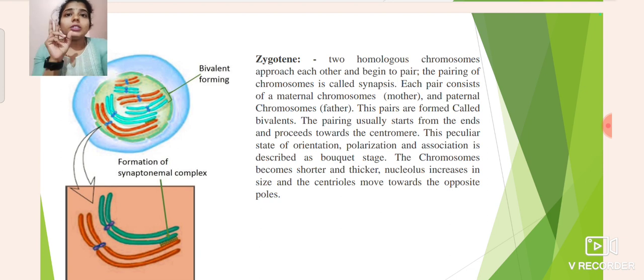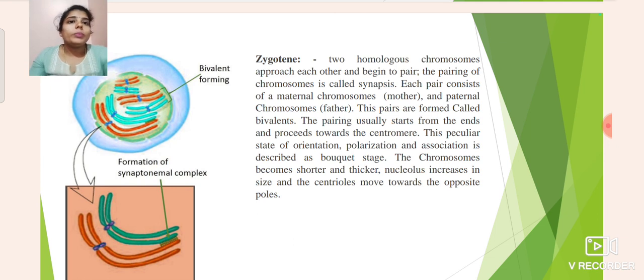The two homologous chromosomes, one from the maternal side and one from the paternal side, attract or approach each other. This pairing of two homologous chromosomes is also called synapsis.